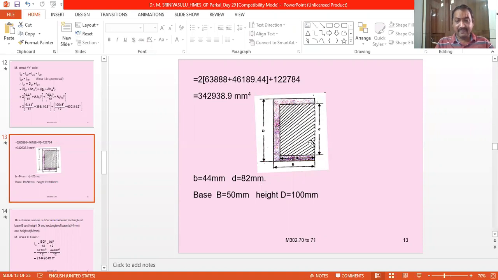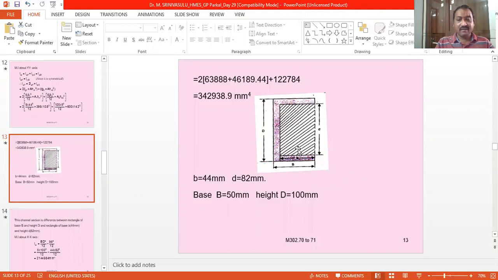Then it becomes a total big rectangle having a dimension of width capital B and depth capital D.